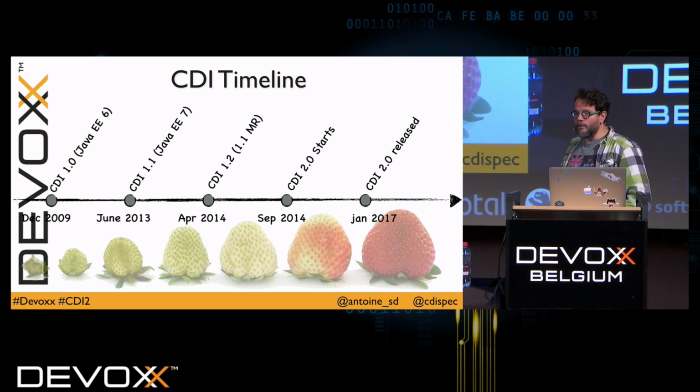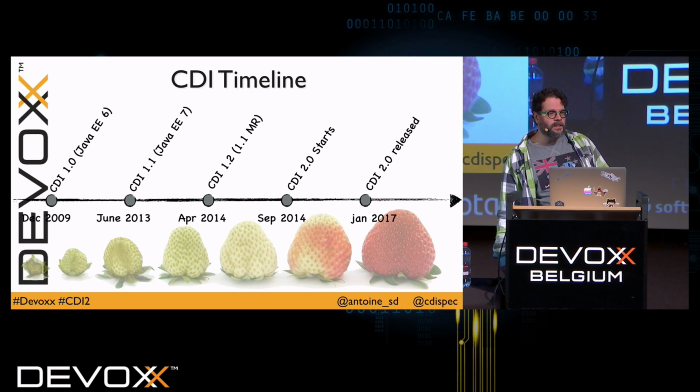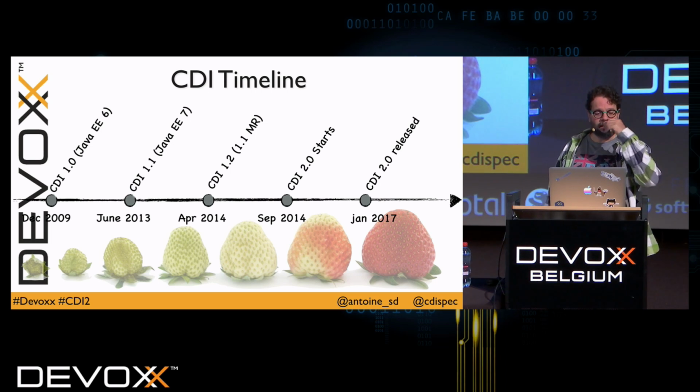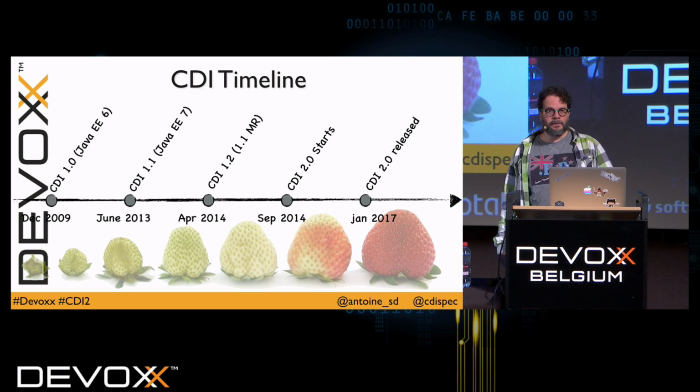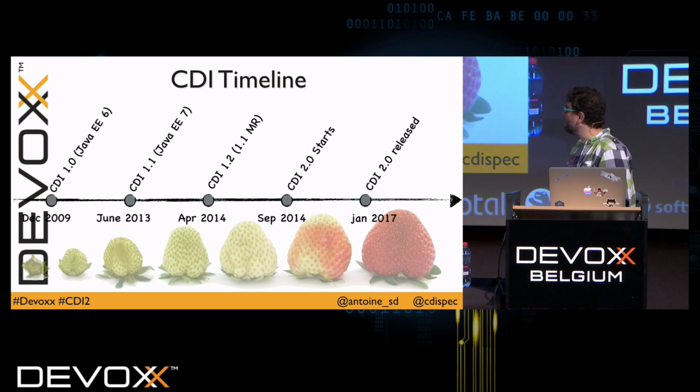Previously on CDI. It's a rather young specification. It started in 2009 with the Java EE 6 release. And we should release CDI 2 in about 2 months, in January.